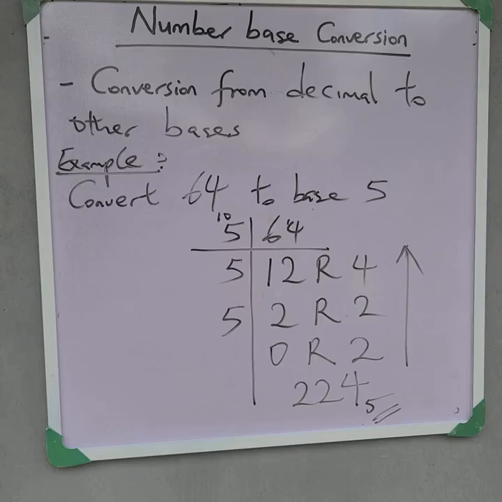So this is about the conversion from decimals to other bases. We're going to look at the next phase of number base conversion, which is conversion from one base to another.